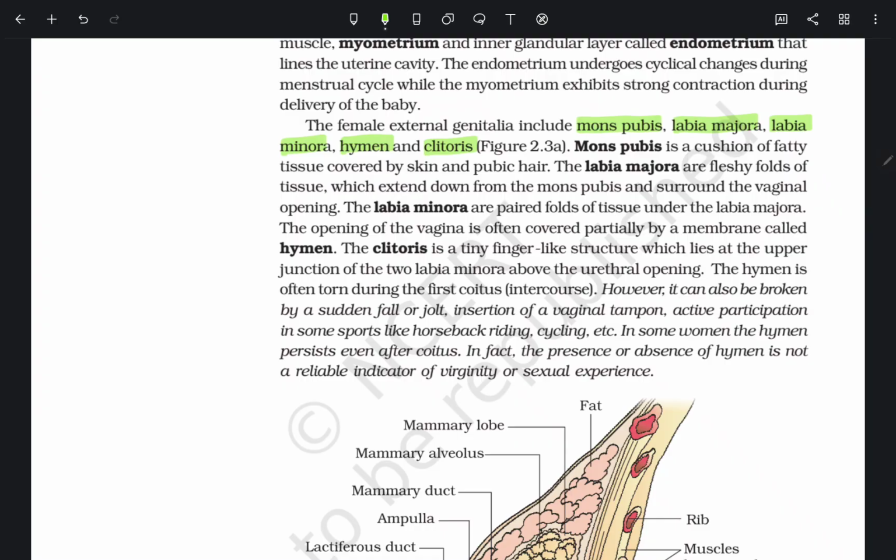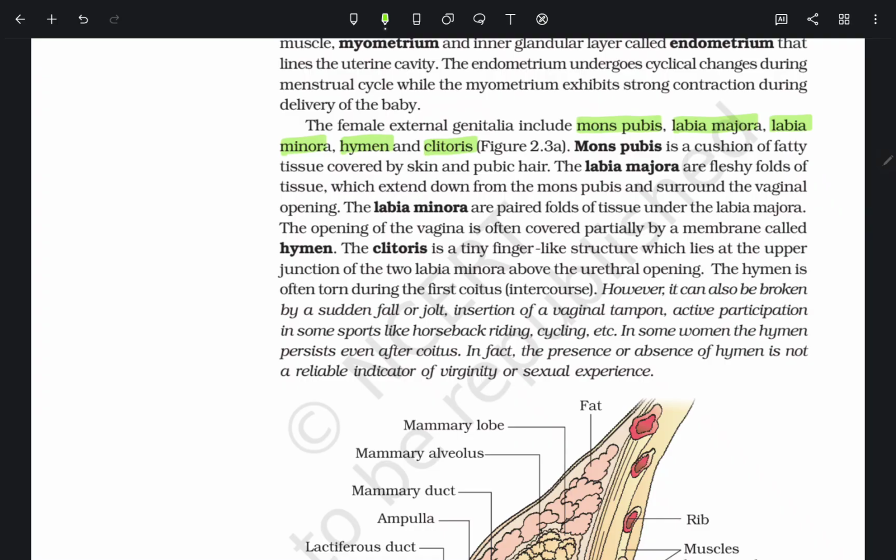The clitoris is a tiny finger-like structure which lies at the upper junction of the two labia minora above the urethral opening. The hymen can be torn by a sudden fall or jolt, insertion of a vaginal tampon, or active participation in some sports like horseback riding and cycling.